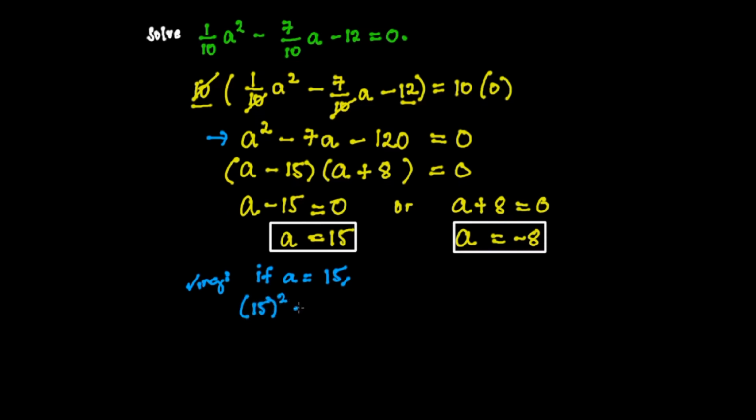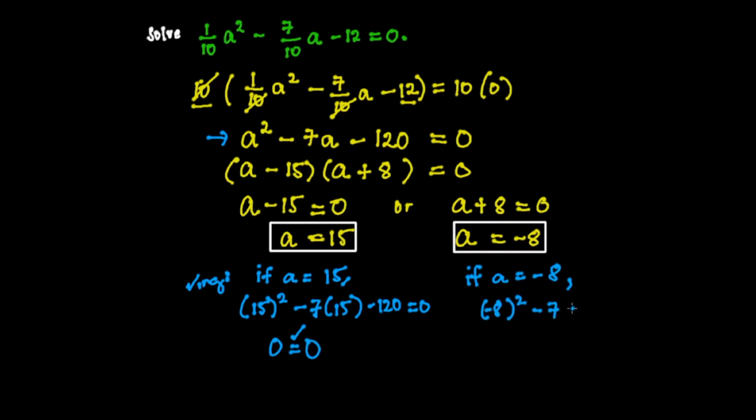So 15 squared minus 7 times 15 minus 120 equals 0. I want you to check if that is equal to 0. Okay? So next, if a is equal to negative 8, so we have negative 8 squared minus 7 times negative 8 minus 120 equals 0.